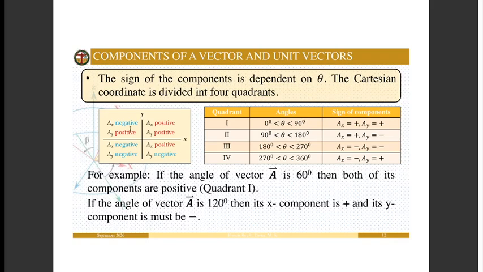But if your angle is in the second quadrant, okay, so you already know quadrants, diba? So sa Cartesian coordinate naman, nag-divide naman tayo ng 4 quadrants. So this is your quadrant 1, 2, 3, at saka 4. Okay, so if quadrant 1 siya, so your x and y are both positive. But if nasa quadrant 2 siya, then your x is negative but your y is positive.